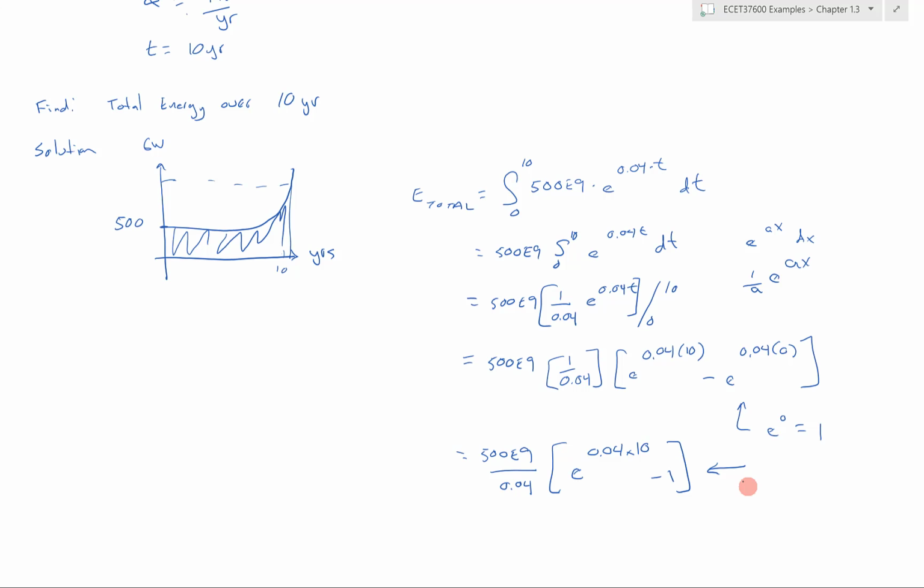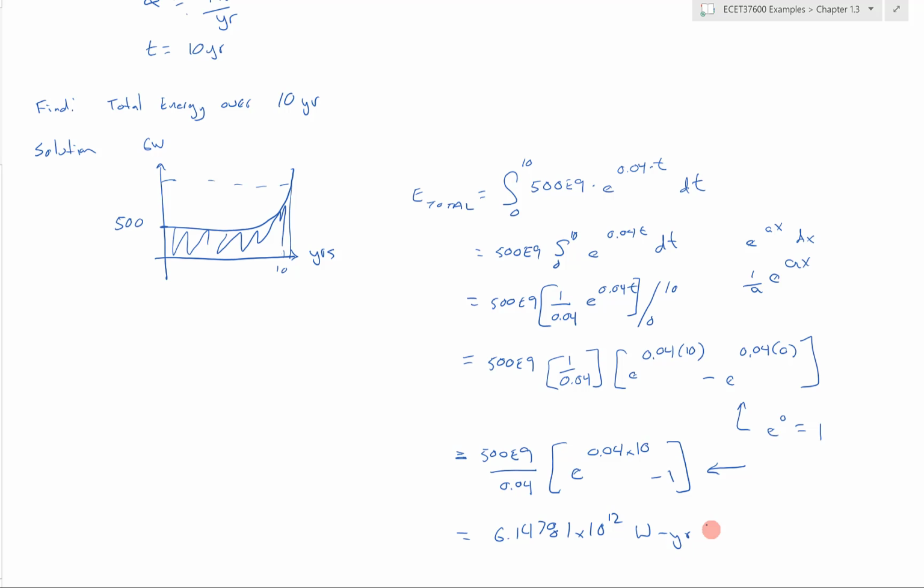So that's directly from the text. You don't actually have to perform this integration, although I think it kind of illuminates the problem a little bit. It helps you understand if you follow that math. So then we just need to plug and chug, throw that into your handy dandy TI-89 or favorite online calculator or whatever, and you will find out that the answer here is going to be 6.14781 times 10 to the 12th watt years.